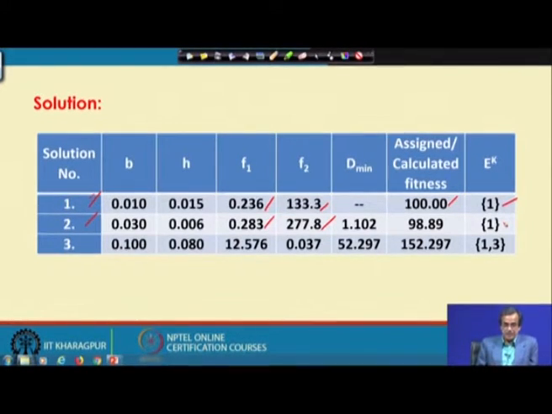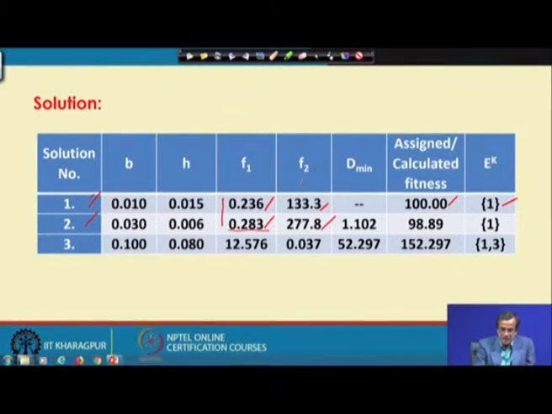Now, if I compare the values of the objective function, that means F1 corresponding to the first and the second solution, F1 is more for the second solution. So, this 0.283 is a dominated solution, that is the worst solution compared to 0.236, because this is a minimization problem.